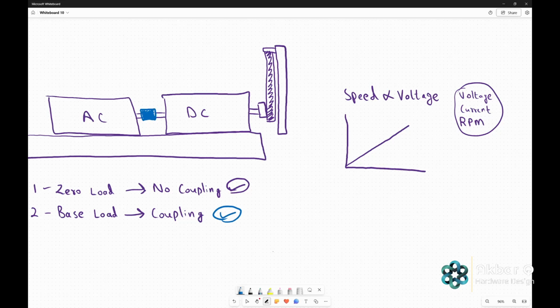Then the third test that we have to perform is the characterization of the DC machine with the load connected. So basically we have to run the generator experiment. This is a little bit backwards. We cannot do this in a forwards direction. So we have to run the generator experiment just so we can obtain how much power the motor is consuming while the experiment is running. As we ramp up the motor, we will get values for our generator as well as for our motor.